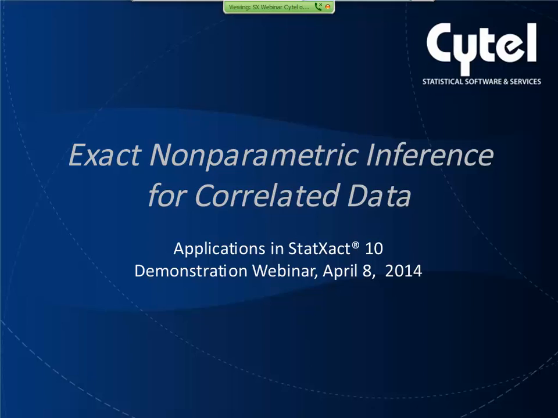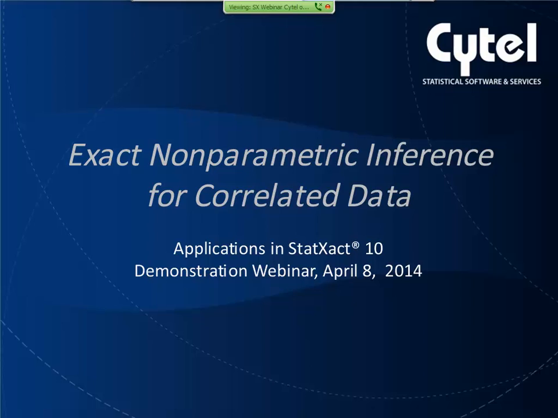As far as R goes, R is a vast world of packages that have been uploaded and programmed by researchers around the world. In my experience, there are a lot of R packages that do permutational inference, but I haven't seen any that are faster or more efficient than what StatXact provides.